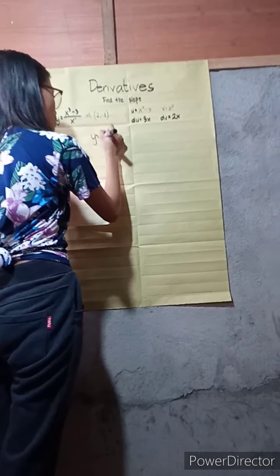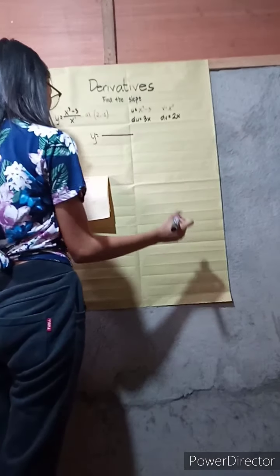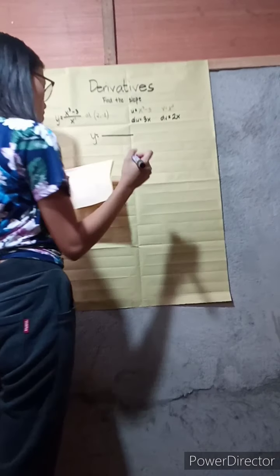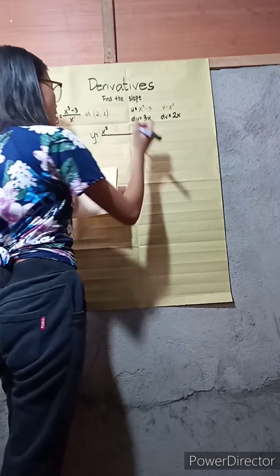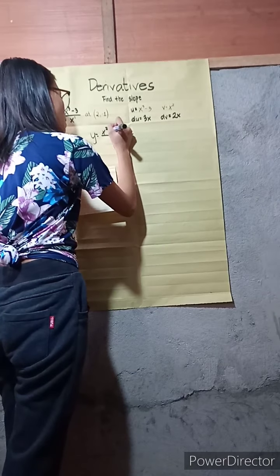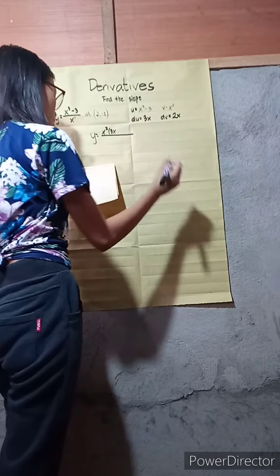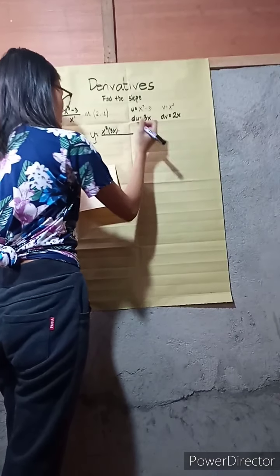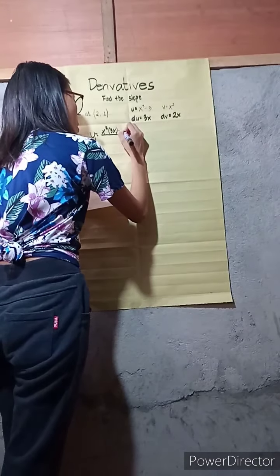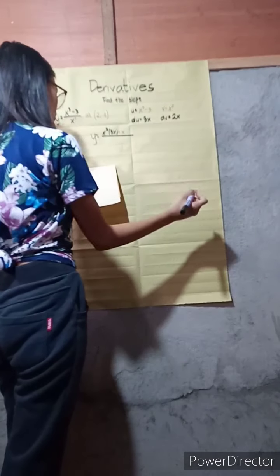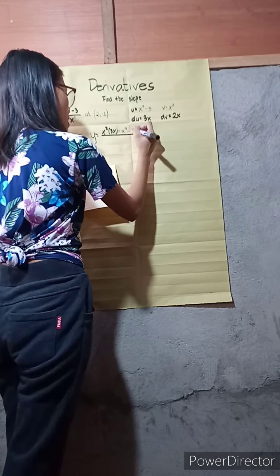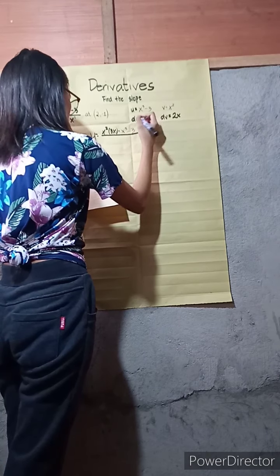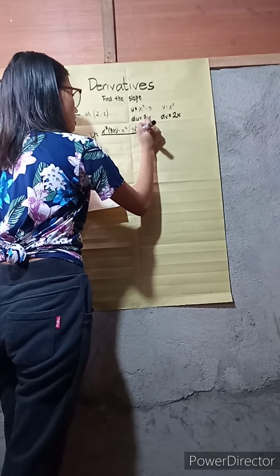So y prime is equal to x squared times 3x squared minus x cubed minus 3 times 2x.